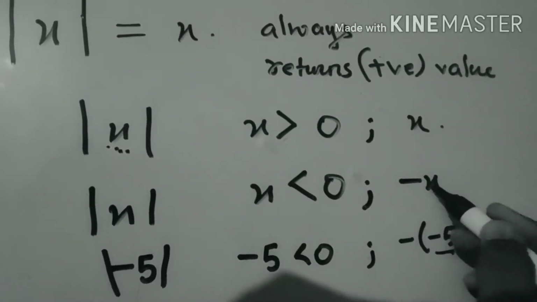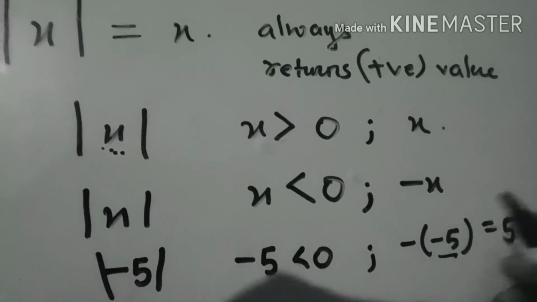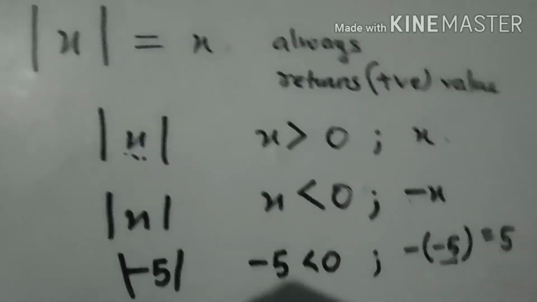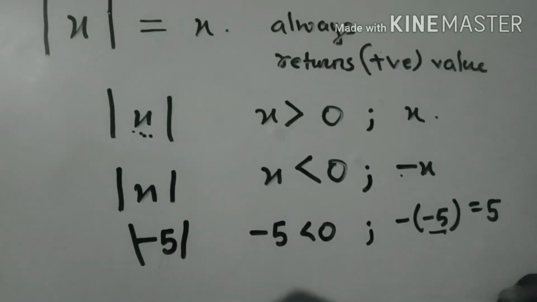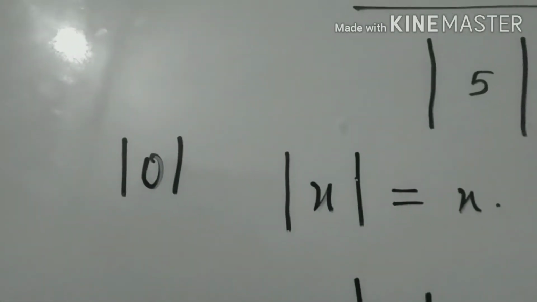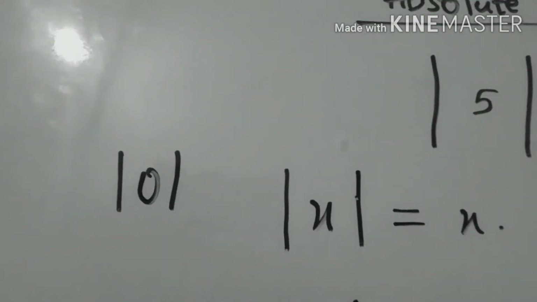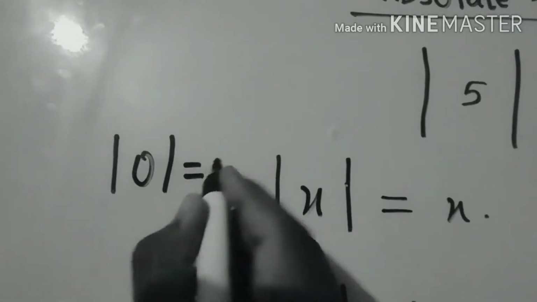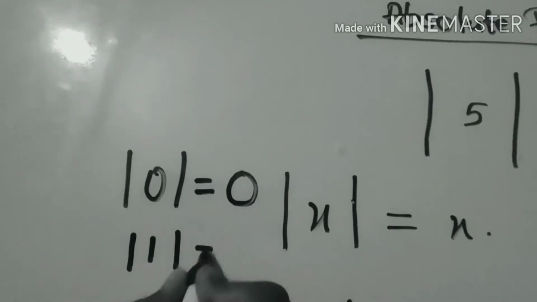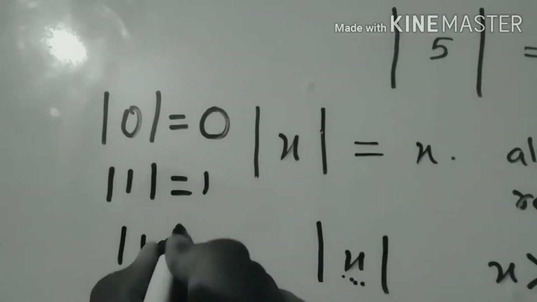Minus x means x already has a minus sign with it, and an extra minus cuts it and gives a positive value. And in the case of modulus of 0, because 0 has no sign, it is neither positive nor negative, so the modulus of 0 is always 0. Modulus of 1 is always 1. Modulus of 10 is always 10.